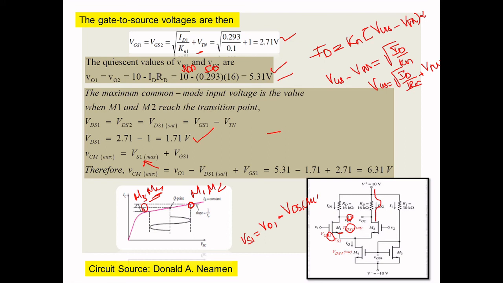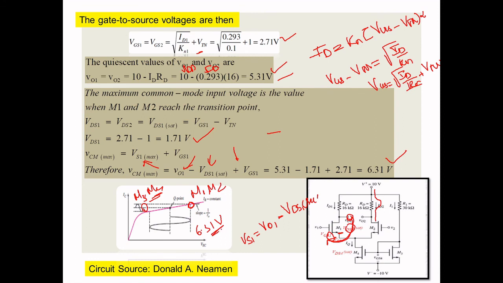This loop they have applied the KVL. After rearranging the equation, that is V01 minus VDS1 saturation plus VGS1, plug in the corresponding values, we will be getting 6.31 volts.